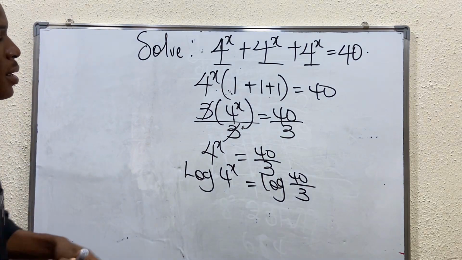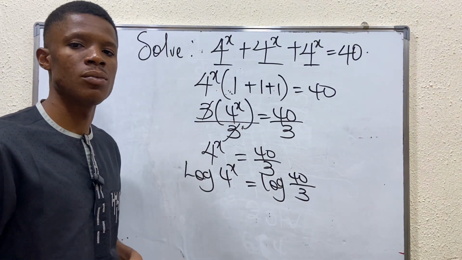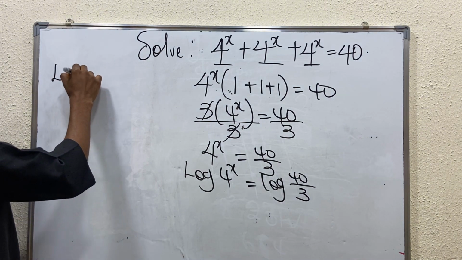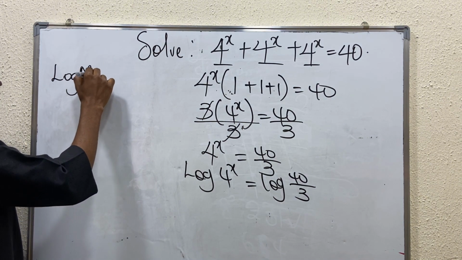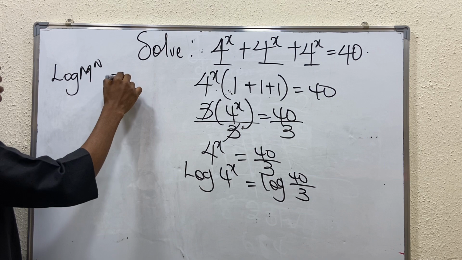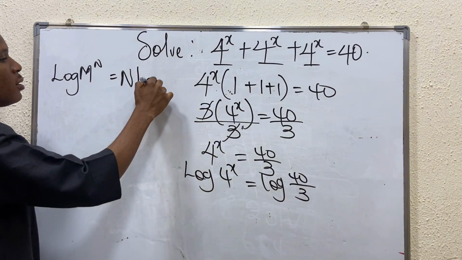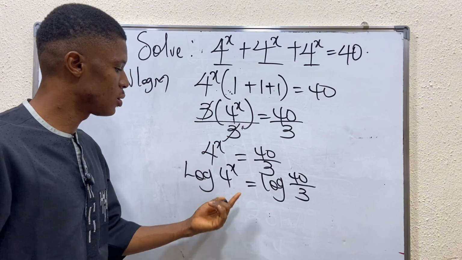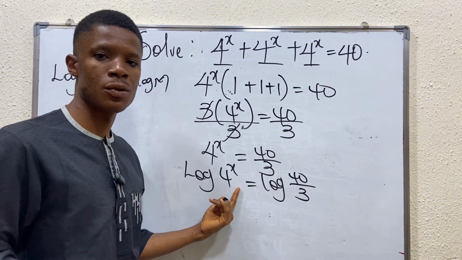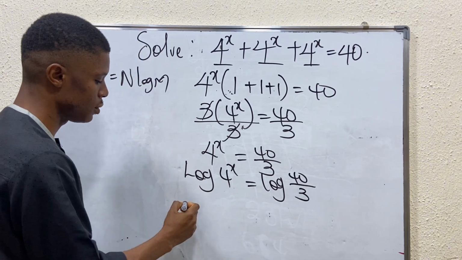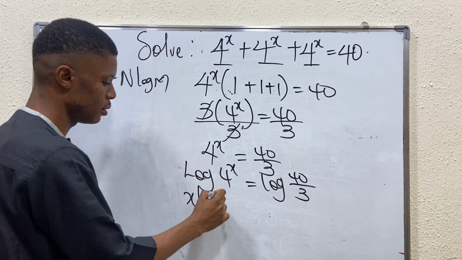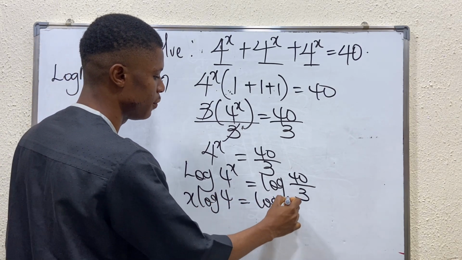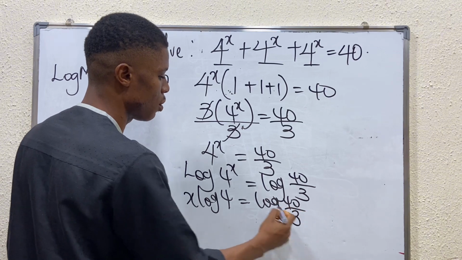From here, remember the law of logarithms, which states that whenever we have log of m to the power of n, the answer is the same as n log m, nothing changed. If we agree with this, we are going to apply this rule here. So we have x log 4 equals log of 40 over 3.